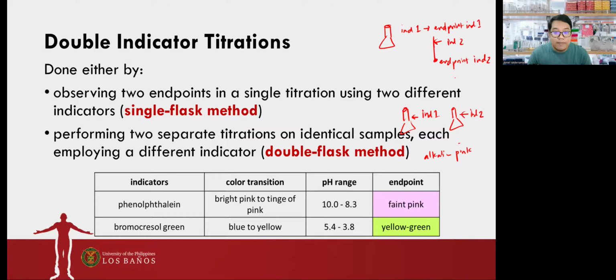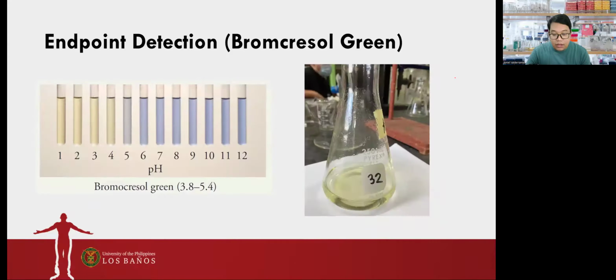So this is the example of the endpoint for the bromcresol green. So nagkakaroon tayo ng color change at this pH range. Dito natin nakikita yung yellow-green kasi nagkakaroon ng overlapping of colors na yung yellow tsaka blue. Okay? So yung ating color here is more yellow than green.